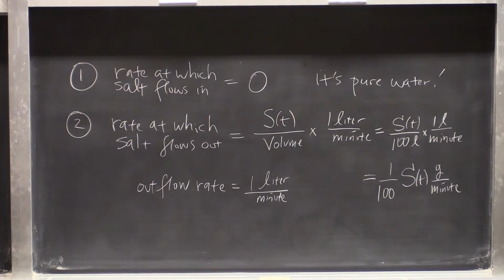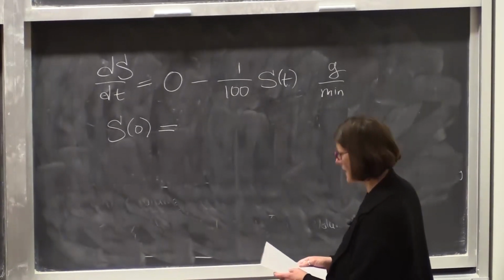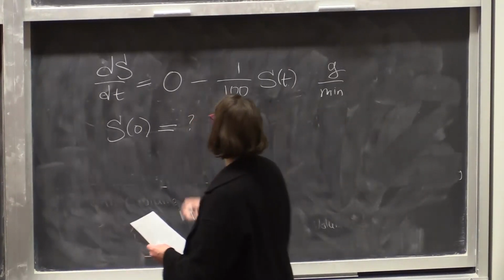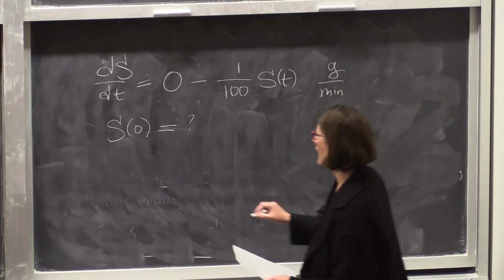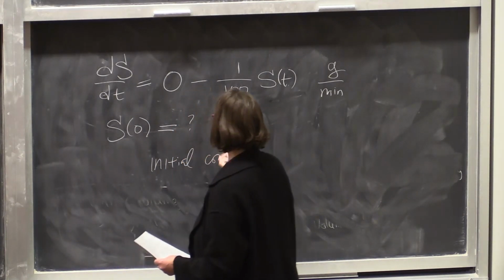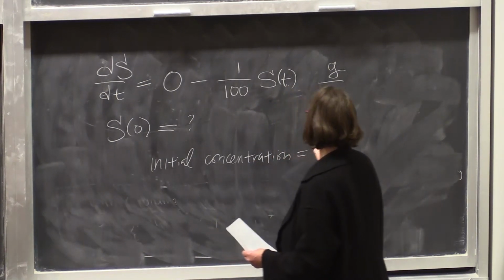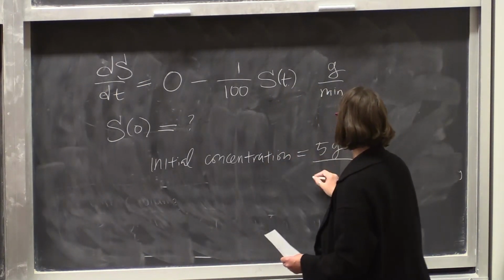My initial condition, I need to say what the initial amount of salt was. I was told that the initial concentration is 5 grams per liter.